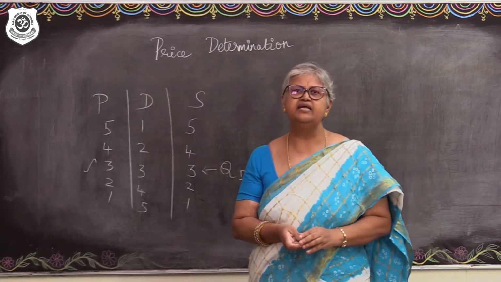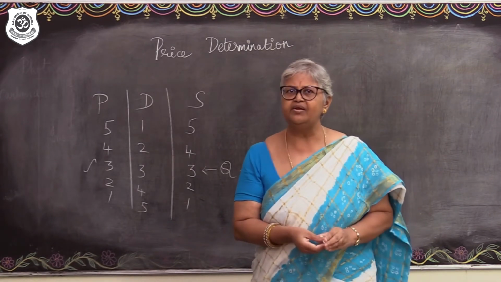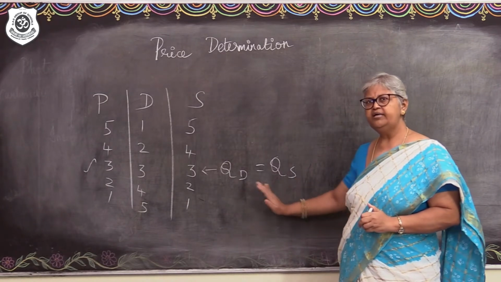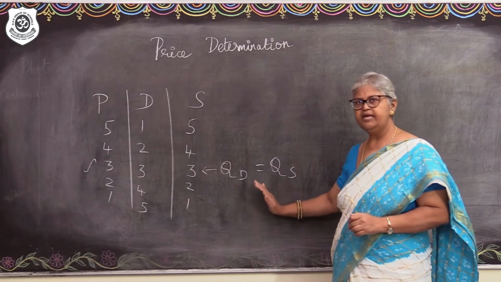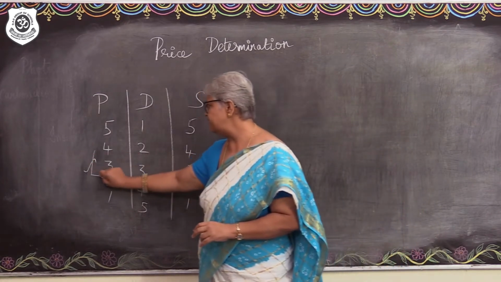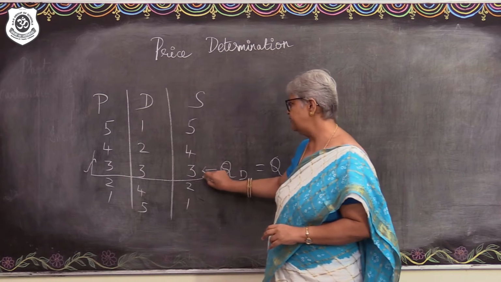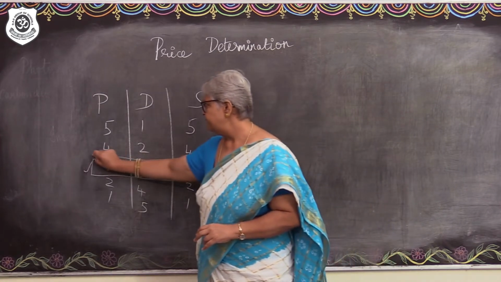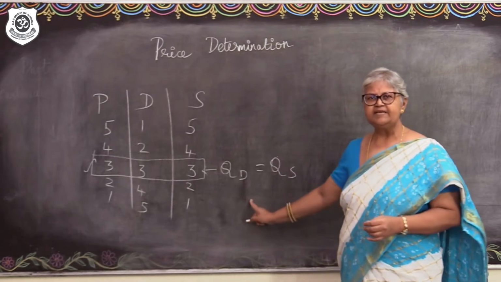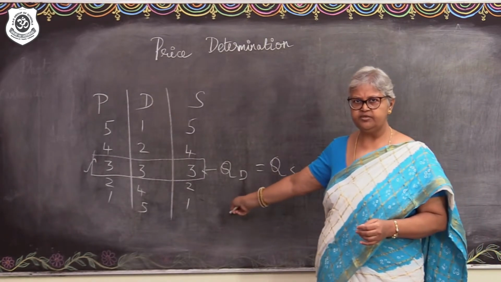Equilibrium price in the market is the price wherein the quantity demanded will be equal to the quantity supplied, right? And as per this particular schedule, when the price level is at 3, then the quantity demanded is equal to the quantity supplied in the market, right?